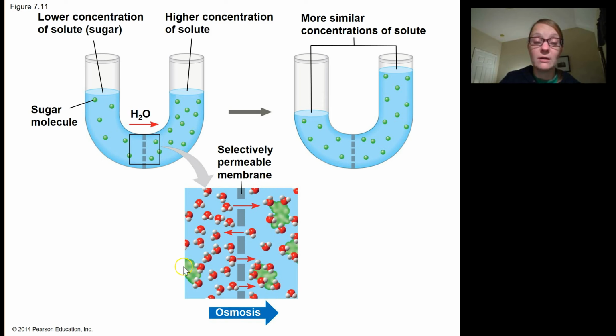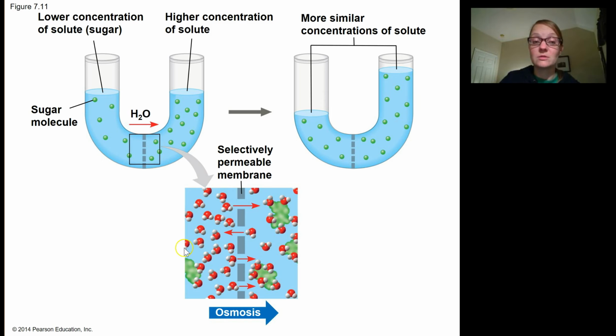Hopefully you're thinking, well, obviously there are more free water molecules on the left-hand side of the U-tube. Why? Well, there are fewer sugar molecules on this left-hand side for those water molecules to attach to. And so in this case, if you want to think of osmosis kind of like diffusion, and that molecules move down their concentration gradient from an area of high concentration to an area of low concentration, you can focus only on those free water molecules, right?